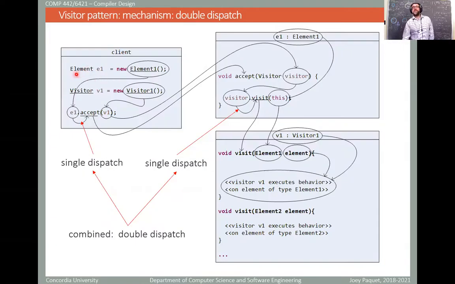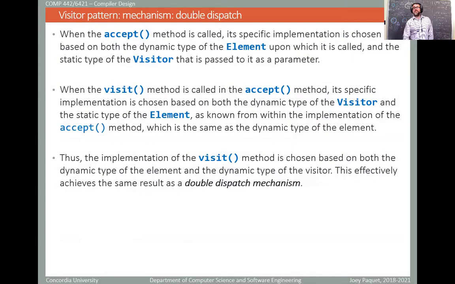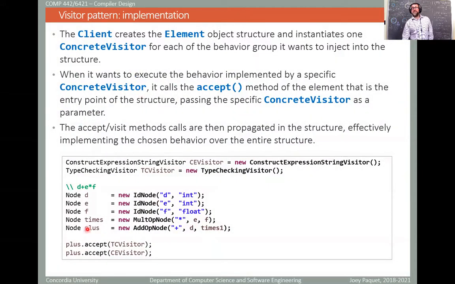Again, the client here is describing this element. This is the code that I have here. Essentially, the element that I'm calling the visitor for is plus, which is a node. Plus is of type node, statically speaking, but I instantiate it with a subtype, add up node.